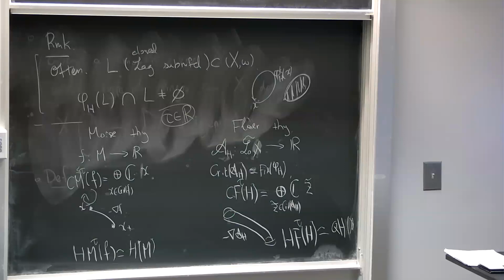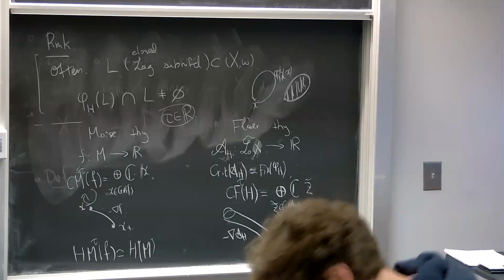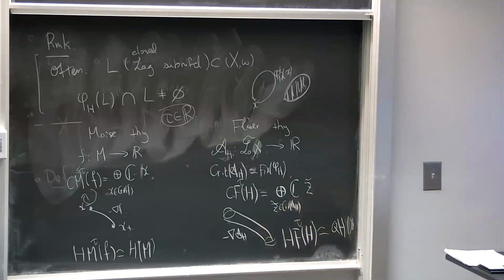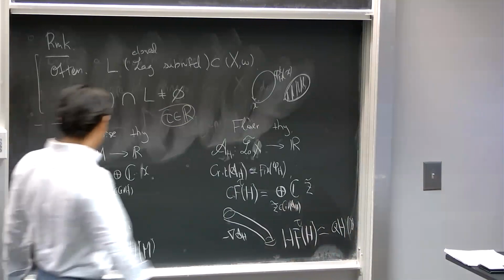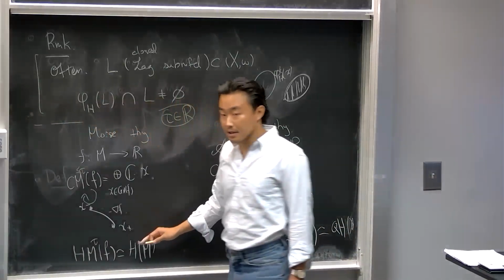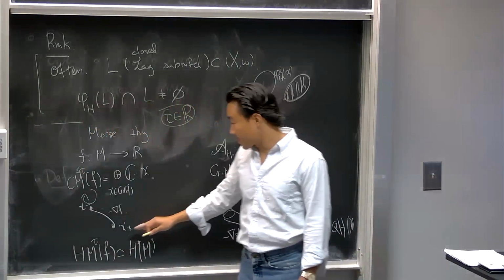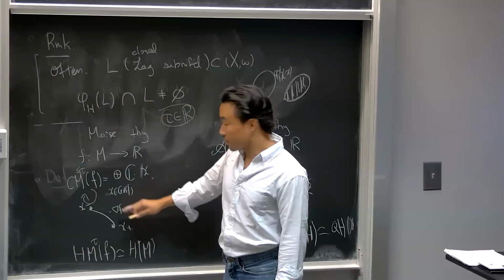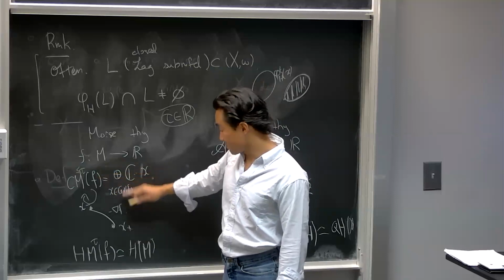So in the Morse case, let's say f is the Morse function, and given a homology class A, you can ask when the given homology class starts to appear in the filtered homology.